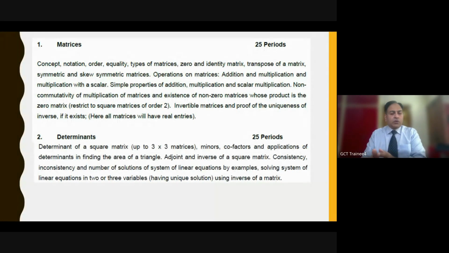That type of question where you need to expand the determinant directly. The properties of determinants will not come. Likewise, we had the question with 1, 1, 1, a, b, c, a cube, b cube, c cube. That will definitely not come. No worry.